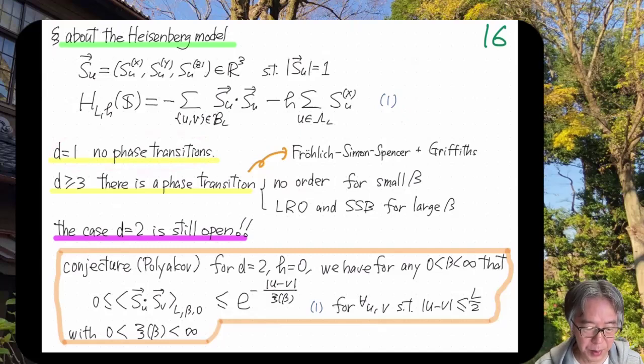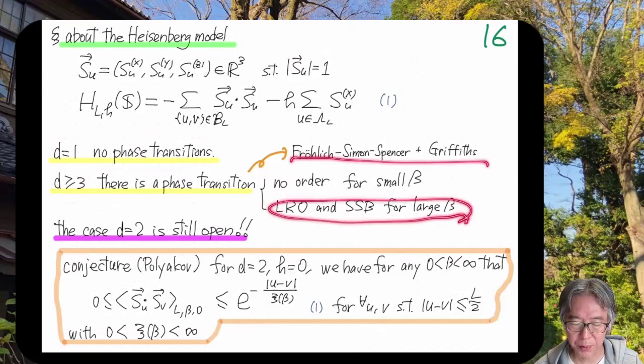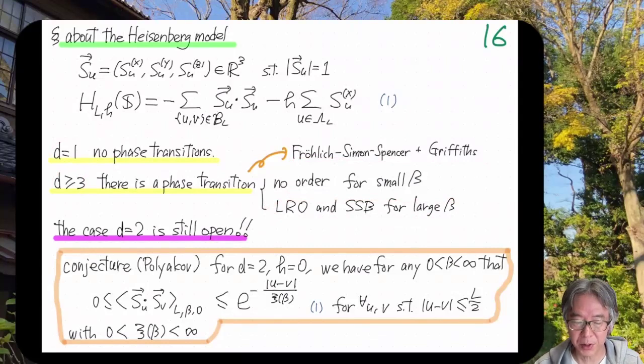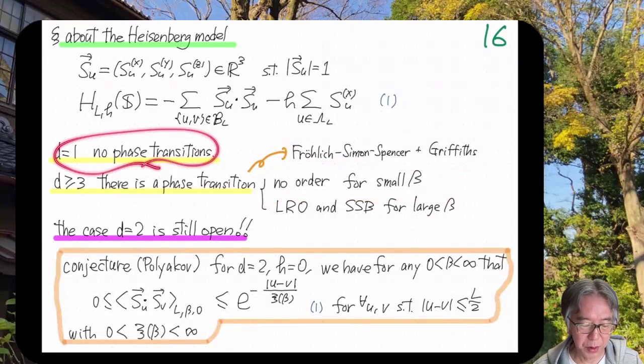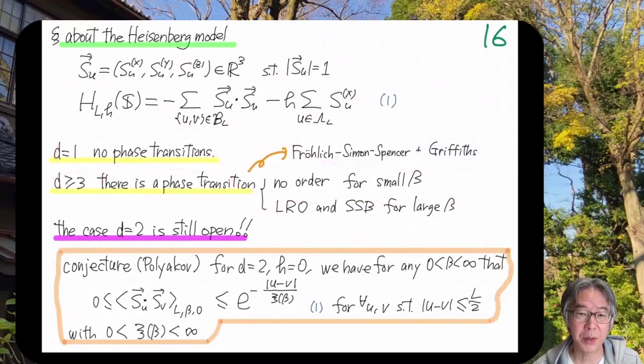In dimension 3 or higher, there is a phase transition, and we know that there is long-range order and spontaneous symmetry breaking at sufficiently low temperature. Again, this is proved by Fröhlich, Simon, Spencer, and Griffiths. The same theorems apply. So these are good. Dimension 1, nothing. In dimension 3 or higher, you have a ferromagnetic transition.